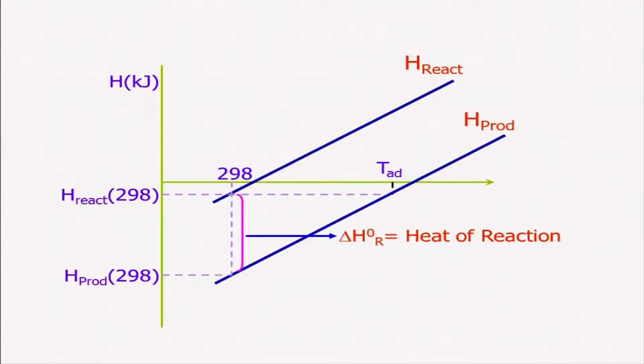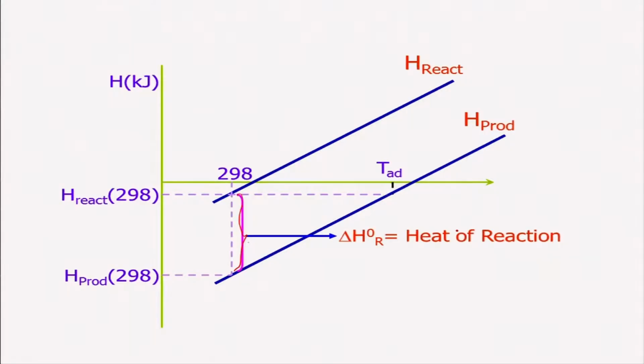So, if you want to visualize what this heat of reaction is, you can say that the reactants are at 298 Kelvin, and the products are again at 298 Kelvin. This portion is nothing but your heat of reaction.